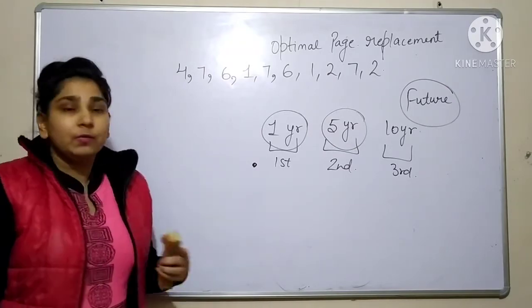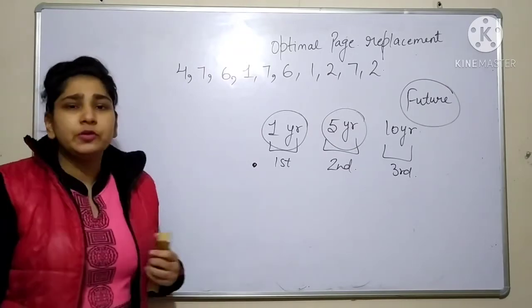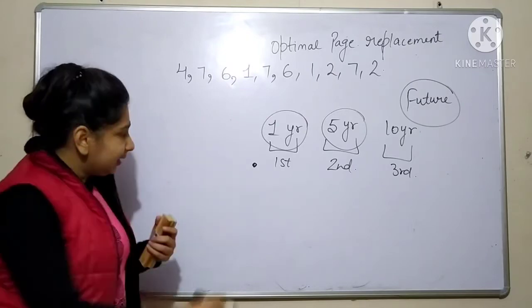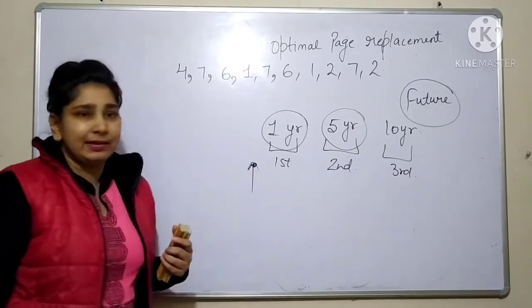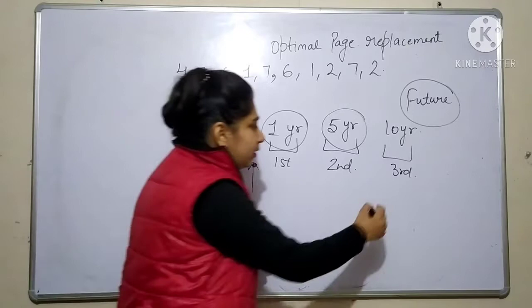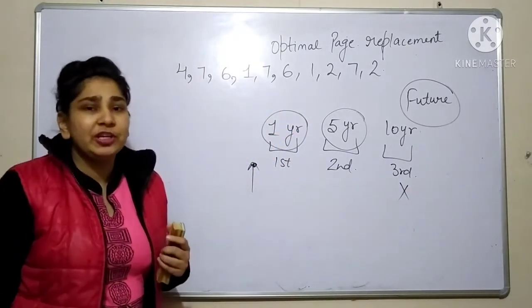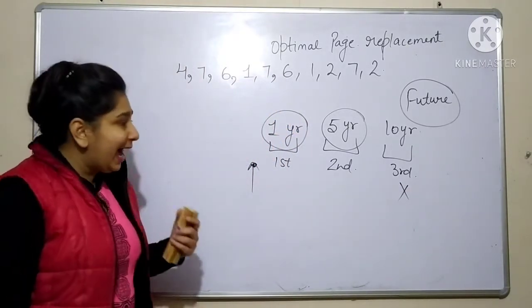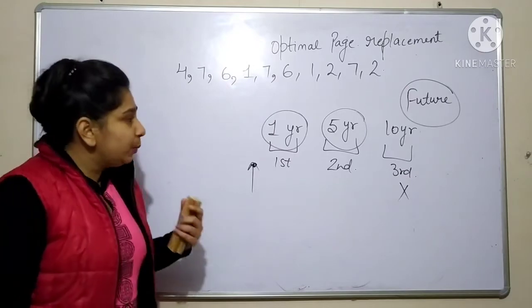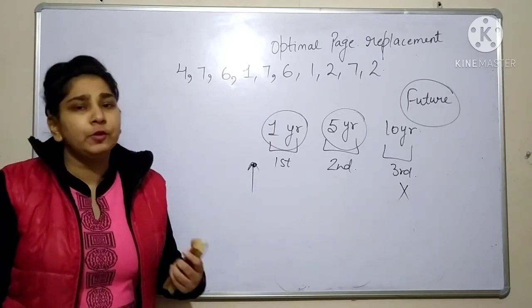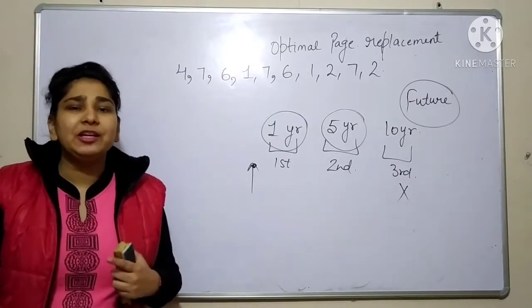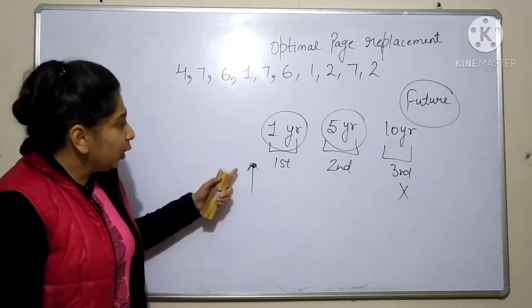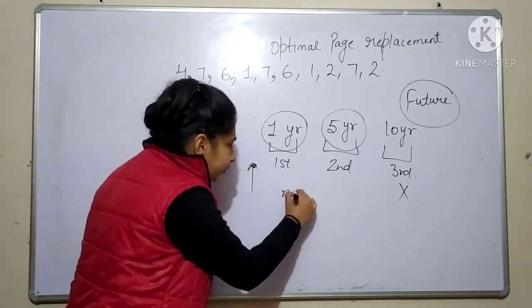So now which is the most important? At this point in the present, I will not be focusing on the goal which I want to achieve after 10 years. I will be focusing on the goal which I decided for the near future. So in the optimal page replacement algorithm, we focus on the near future.